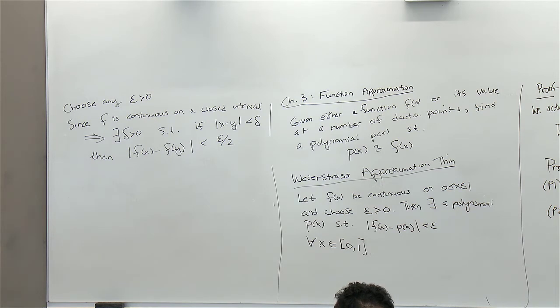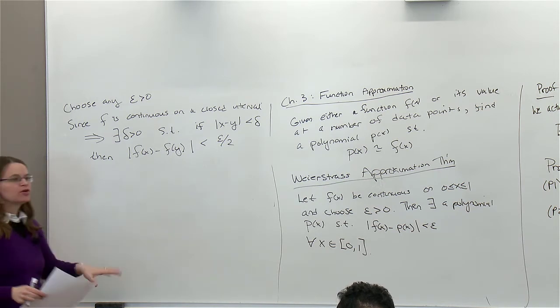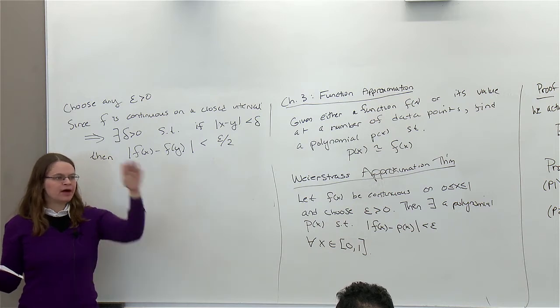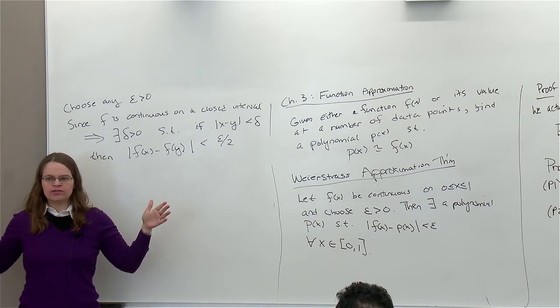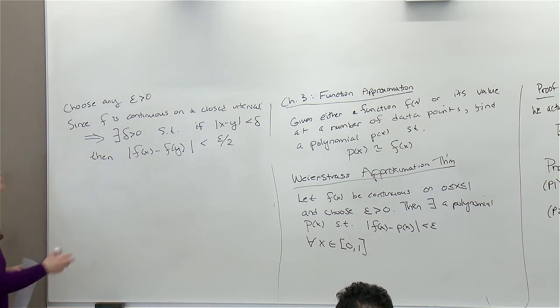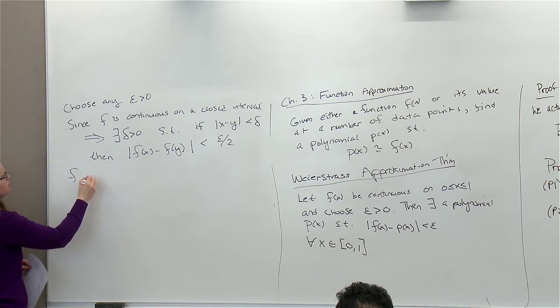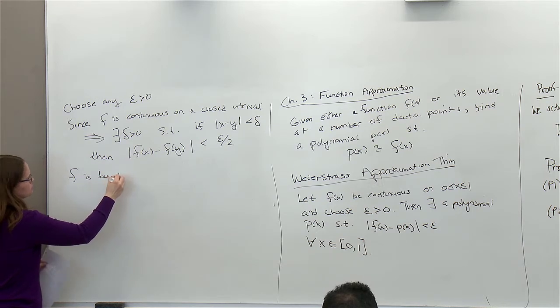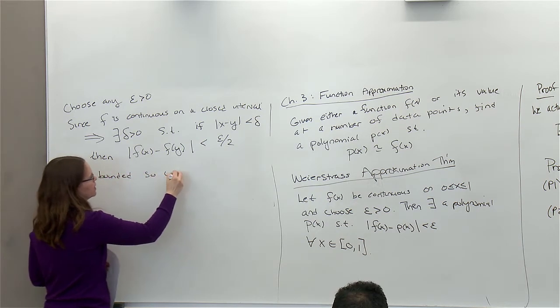So f is continuous. That means this. It's continuous on a closed interval. That means it's bounded, right? Anything continuous on a closed set is always bounded. So f is bounded, and we can define its maximum.